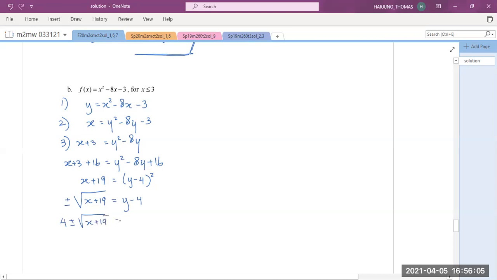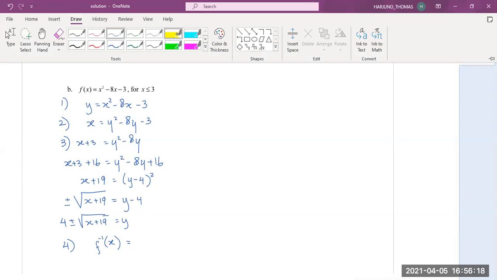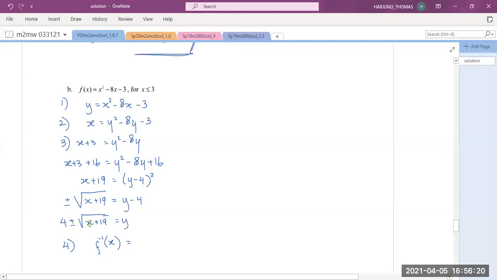Now then we proceed to step 4, but I have some issue there. This is clearly not a function because you can easily find an x that gives you 2 different values of y. Now that's a violation of the definition of a function, right? So the inverse here is not a function.